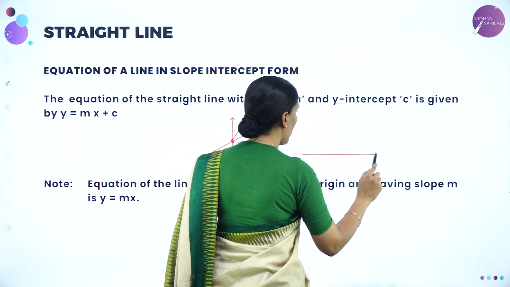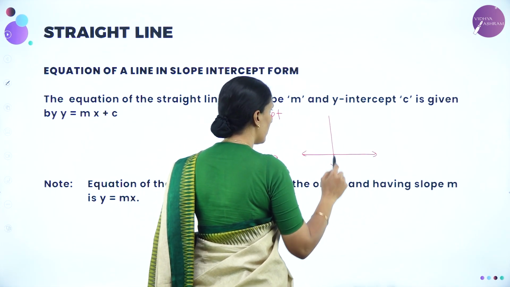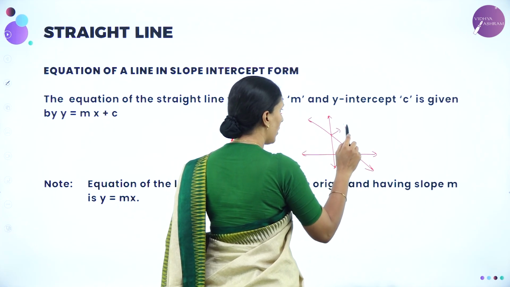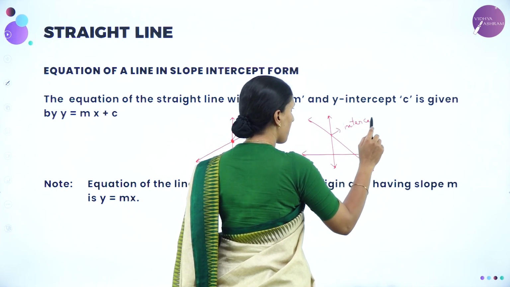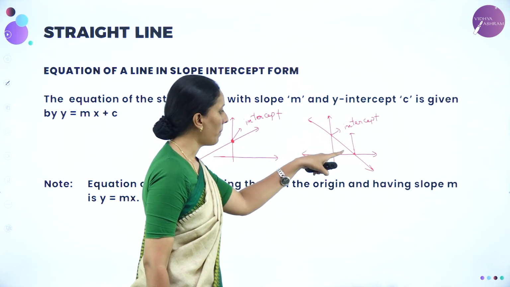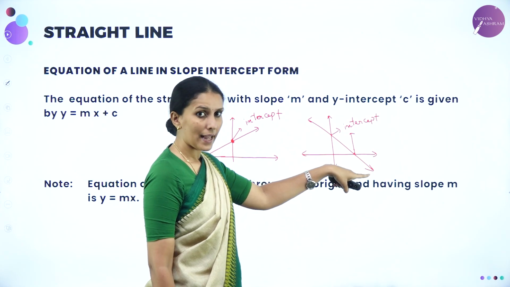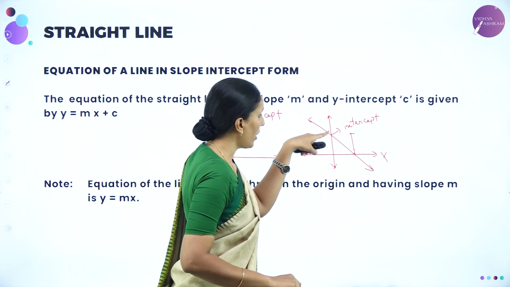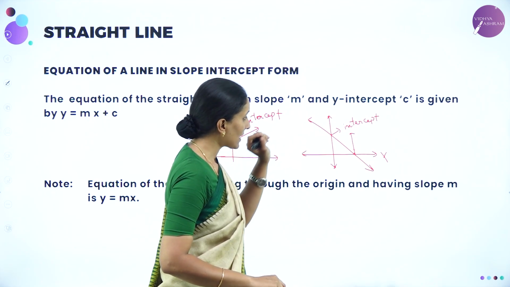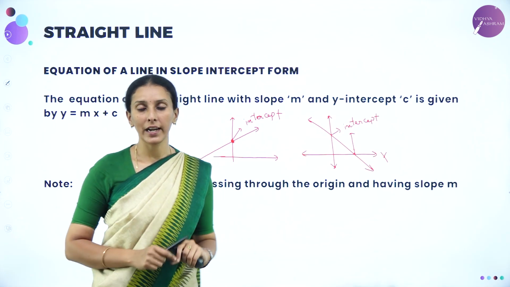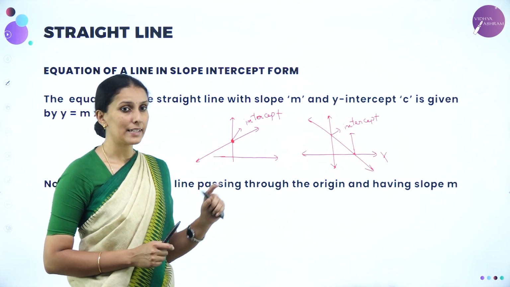Similarly, we can also consider a straight line which cuts both axes. So here these are called intercepts. The point at which it cuts the x-axis is the x-intercept. The point at which the line cuts the y-axis is called the y-intercept. That means a line which cuts the coordinate axes gives intercepts.